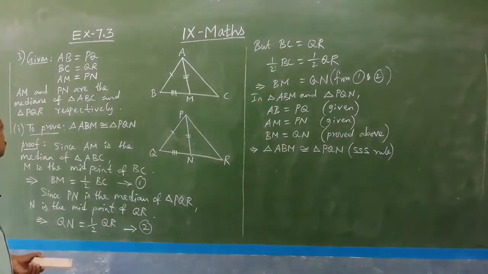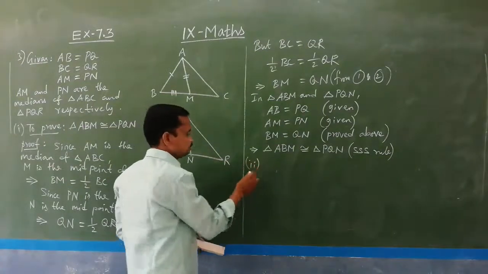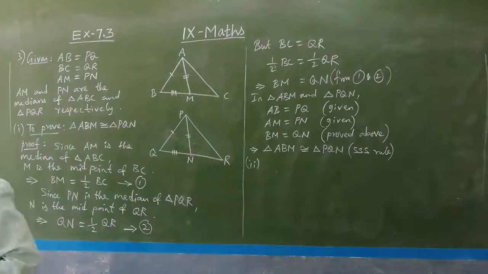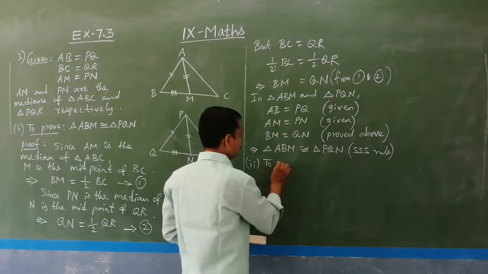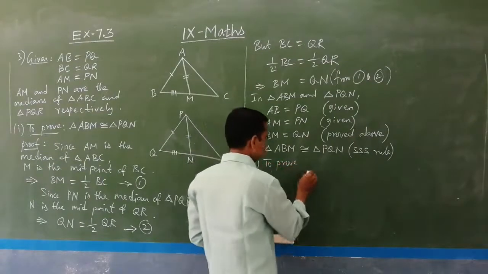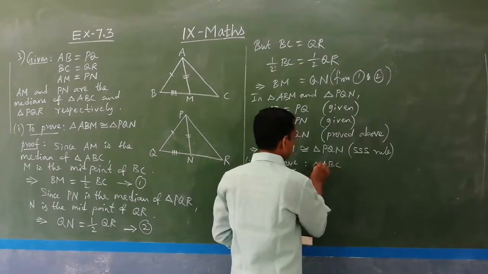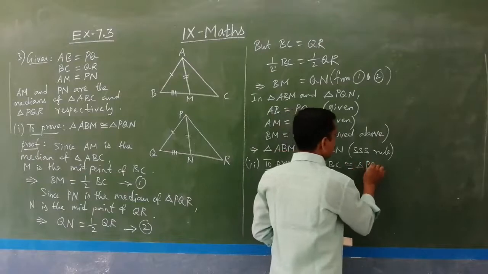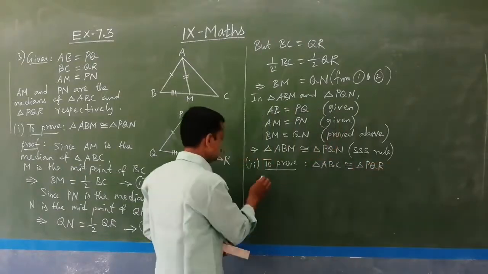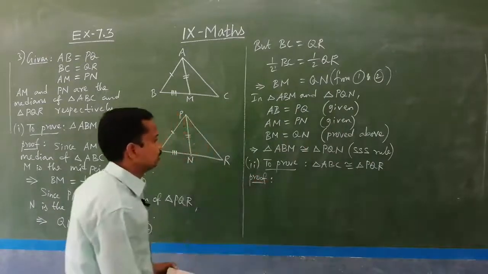After that, there is the second part. We have to prove triangle ABC is congruent to triangle PQR. So how to prove this? Look carefully.